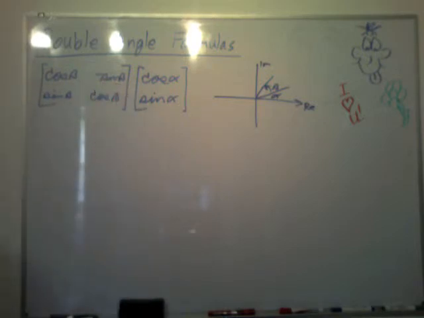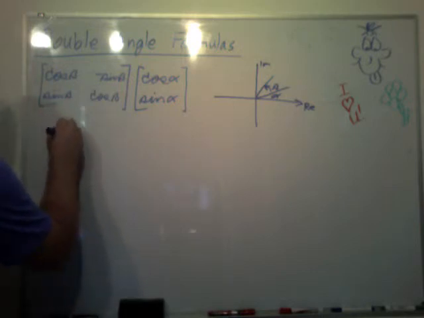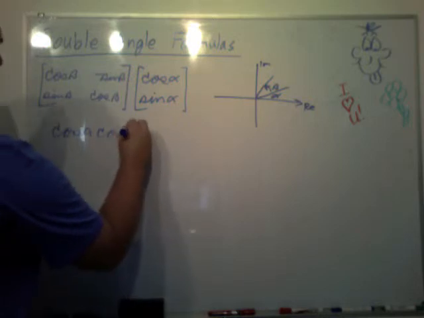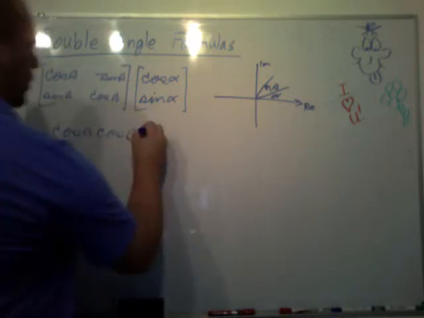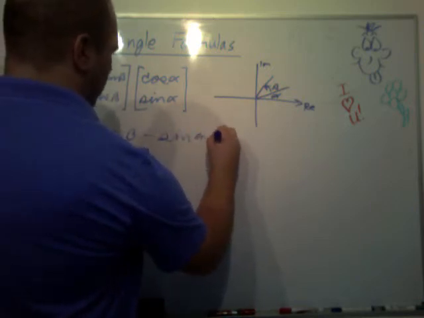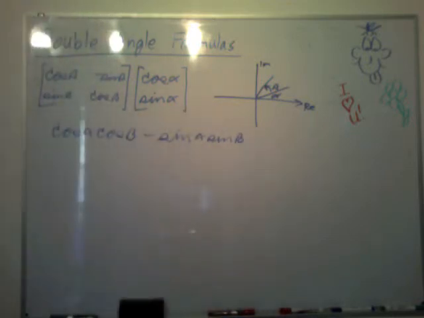Okay. We perform the matrix multiplication. So that'll be cos beta times cos alpha, right, cos alpha cos beta, minus sine alpha sine beta. Okay?